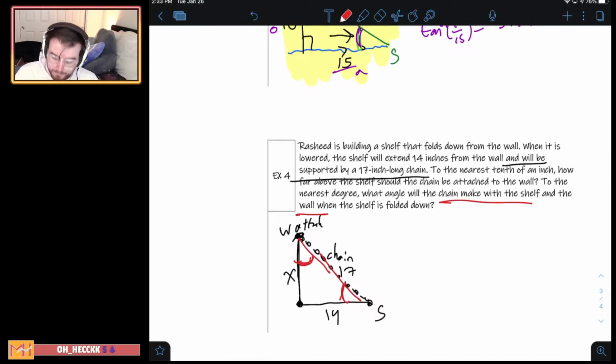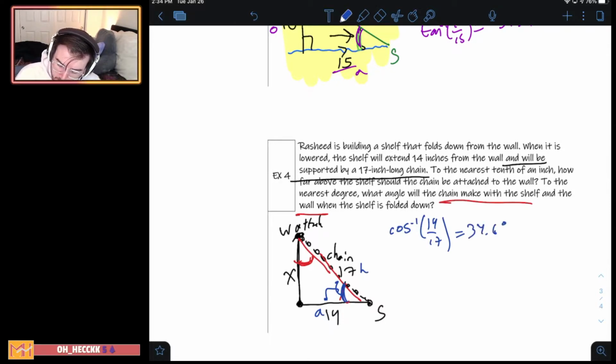Let's figure it all out. I can find the angles pretty easily. If I'm trying to find this angle, this is the adjacent side and 17 is the hypotenuse. So that's cosine, so inverse cosine of 14 over 17. I'm just going to plug it in real quick. 14 divided by 17 gives 34.6.